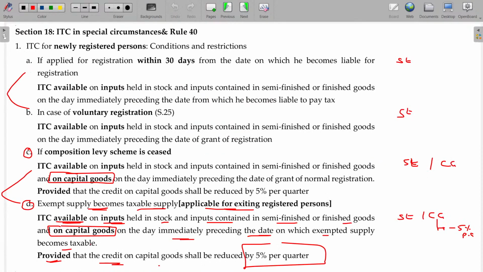Here we studied new registration, voluntary registration, composition levy becoming regular, and exempted supply becoming taxable supply. Under the same 18th section, reversal of these two is there, but cancellation of registration is not given in section 18. These two were discussed under section 29, cancellation of registration.